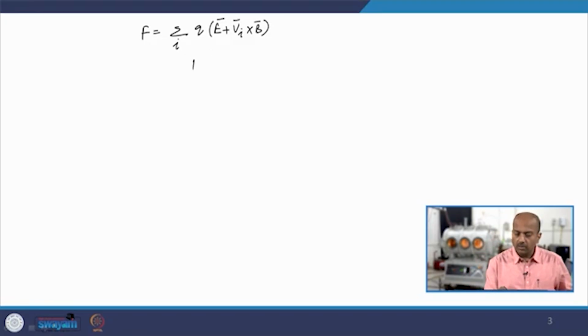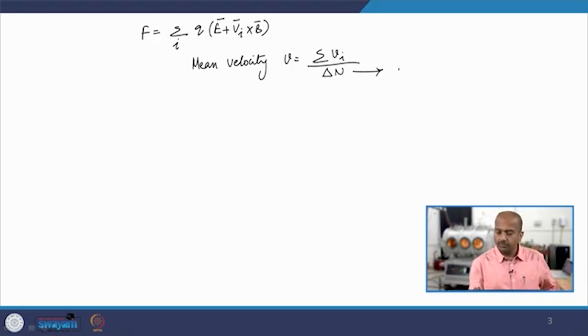In this, we can use what is called the mean velocity as V is equal to the sum over Vi divided by delta n, where delta n is the total number of particles.